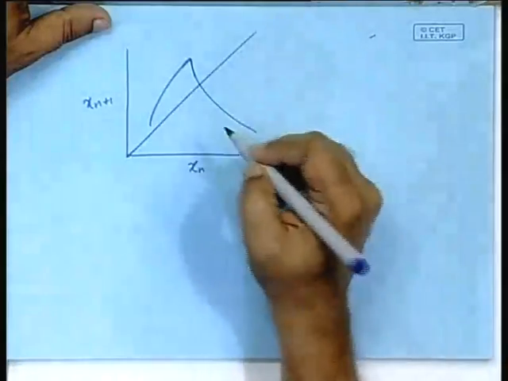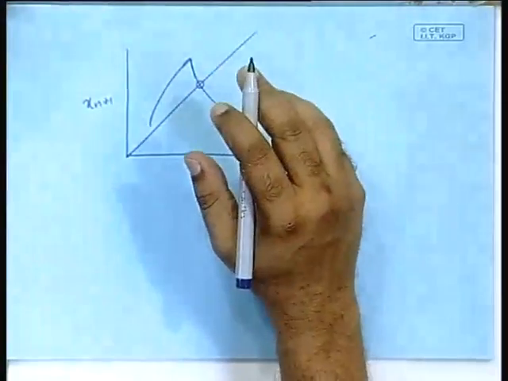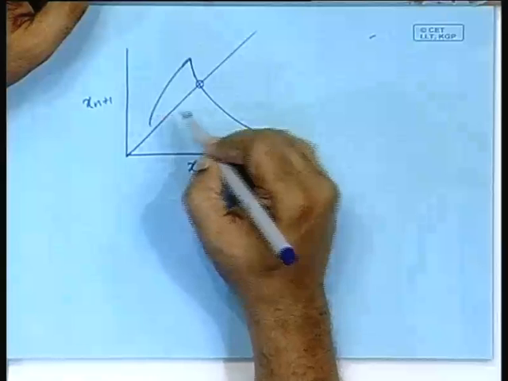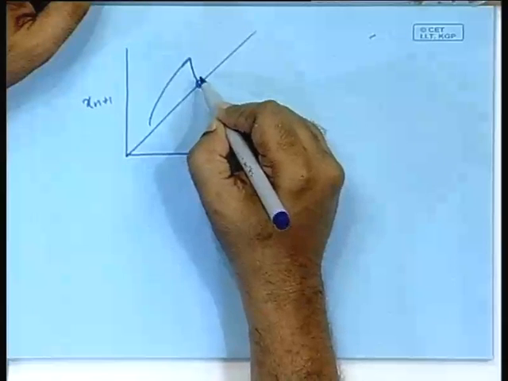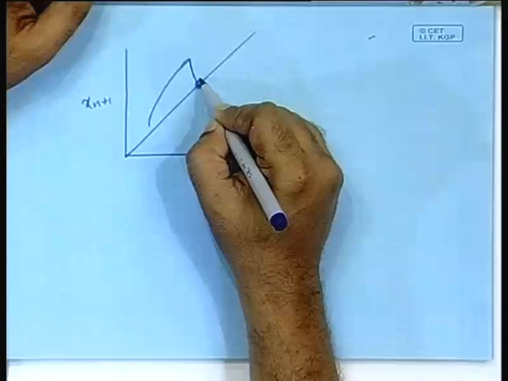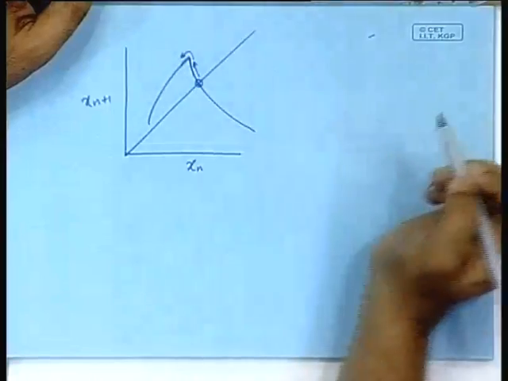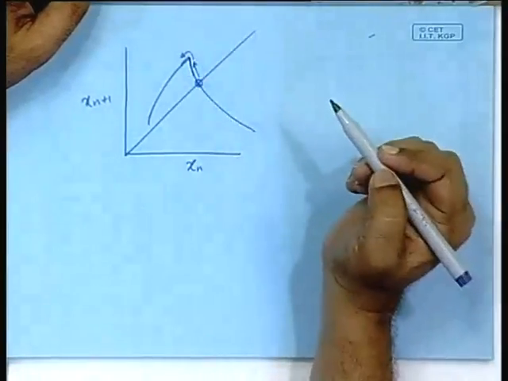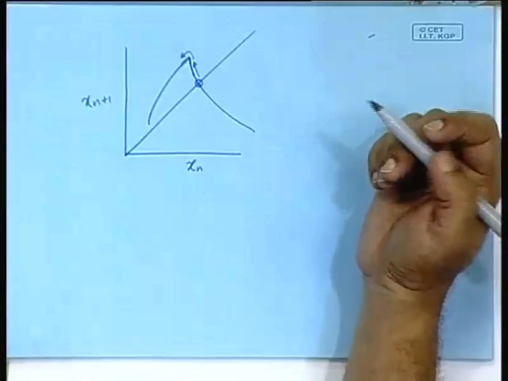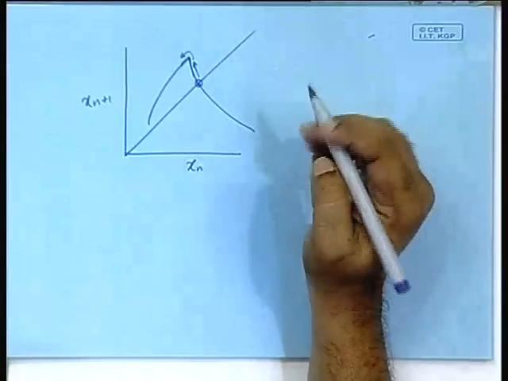As you change the graph of the map with change of some parameter, if the point of intersection with the 45-degree line moves like this and at some point goes like this, then obviously at this point the slope abruptly changes, therefore, the stability status will also change abruptly, and the resulting bifurcations were called the border collision bifurcations.